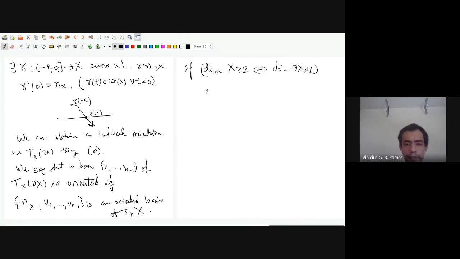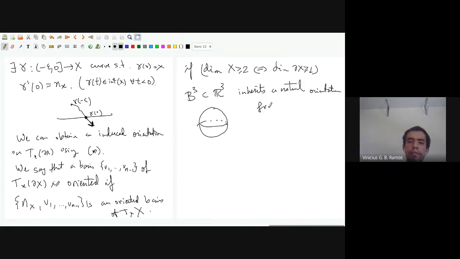Say for example that you look at S^2. You look at the ball, B^3. It inherits a natural orientation from R^3, just because it's an open set of R^3.